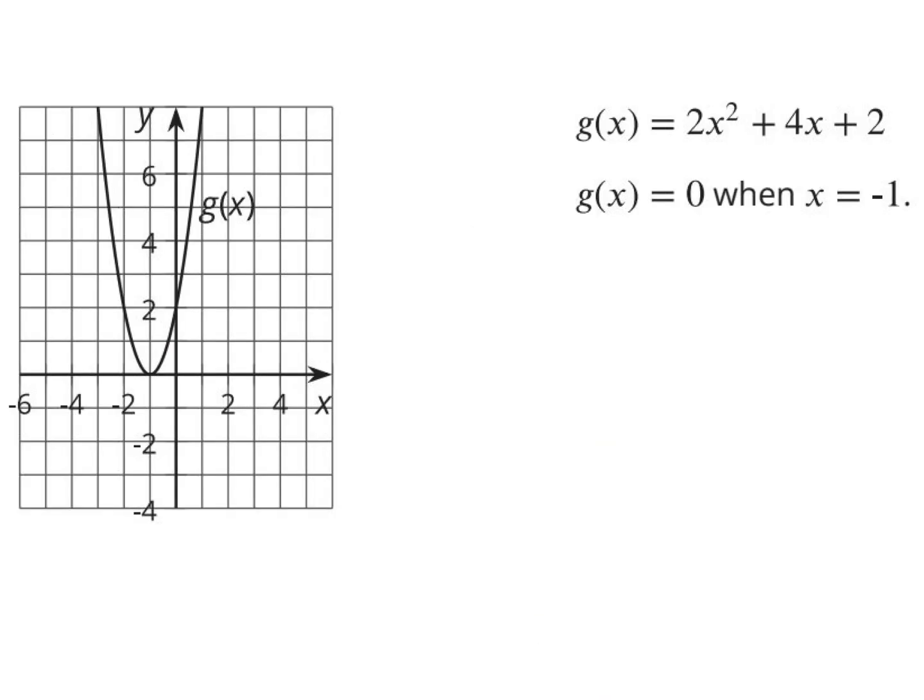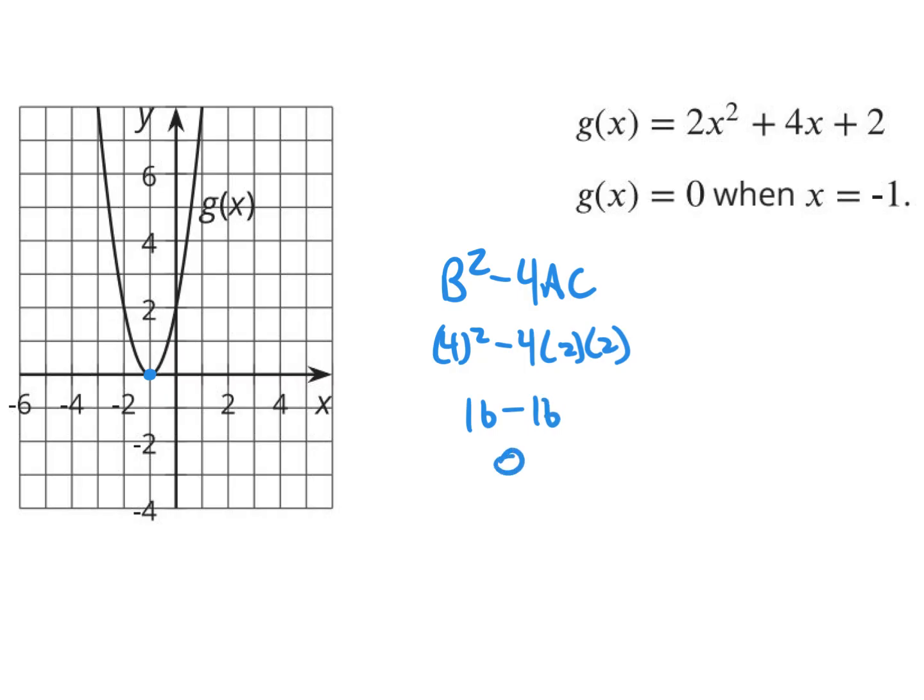Okay, so now we are gaining a third term, c. So let's see what happens. So, a negative 1. You have one root, which means b squared minus 4ac must be equal to 0. So 4 squared again, minus 4 times 2 times 2 is 16 minus 16, which is 0.